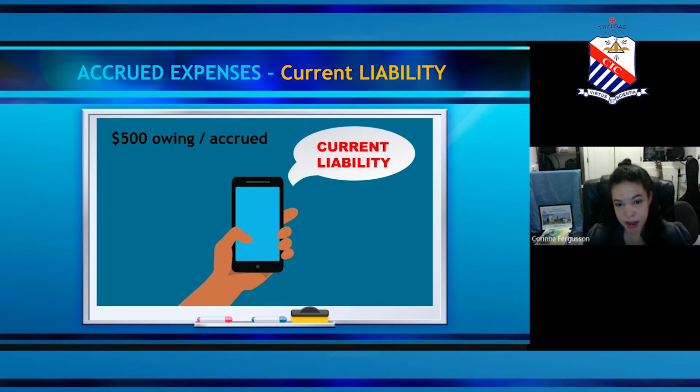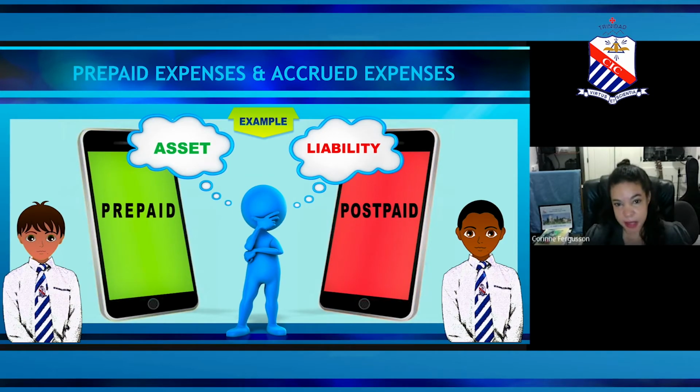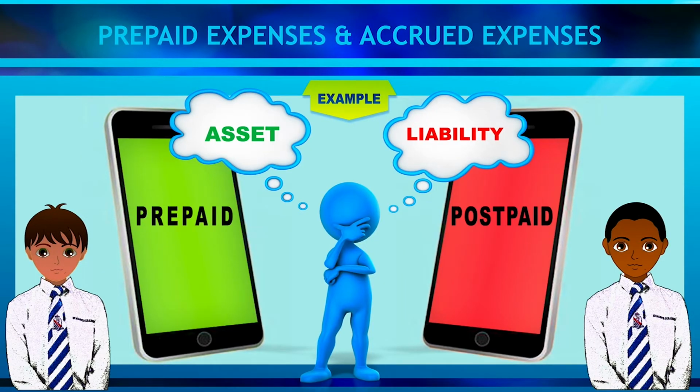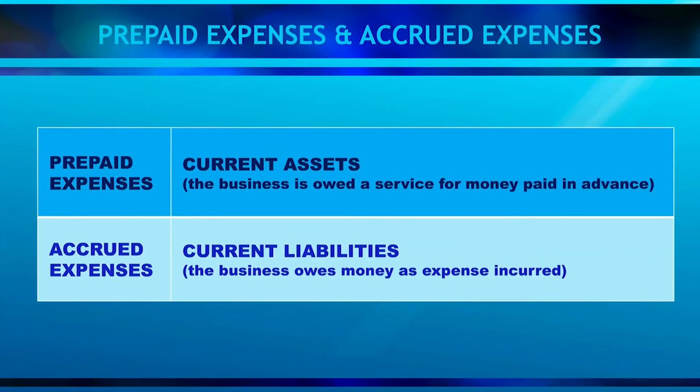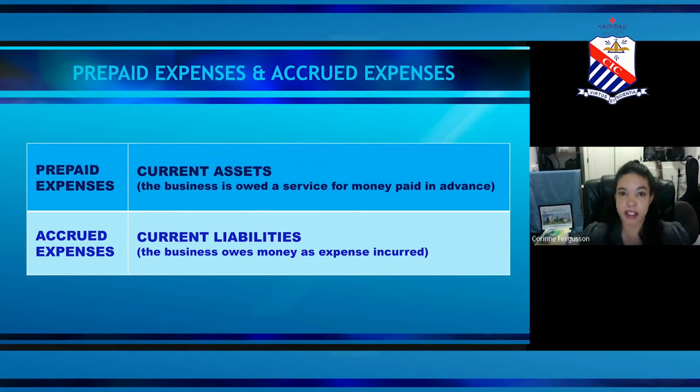So I hope that explains it. A prepaid expense, like if you have a prepaid phone and you pay money for the card, is considered an asset, a current asset to be more specific, because you are now owed a service. You have a service that you have paid for and haven't received, so it's an asset to you.